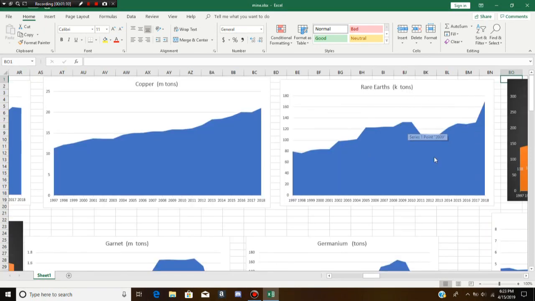So back up to the top row here, we have the rare earths. Their production each year has still been increasing.